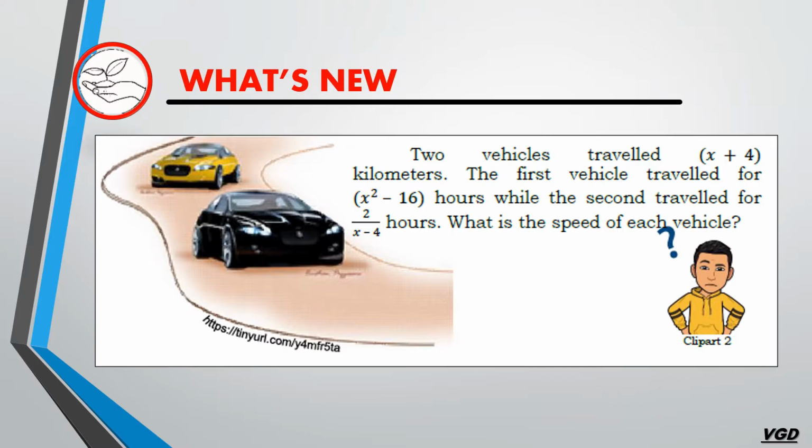The first vehicle traveled for x squared minus 16 hours, while the second traveled for 2 over x minus 4 hours. What is the speed of each vehicle? So how are we going to answer this problem? And that is what you're going to do as we move on to the next pages.